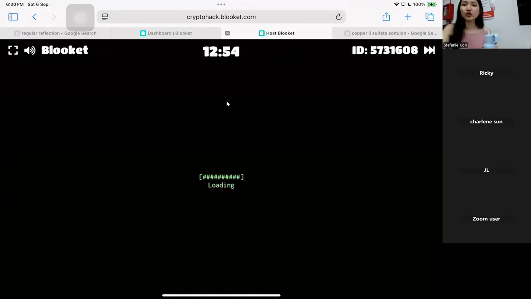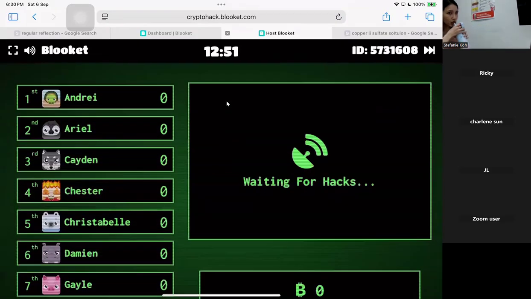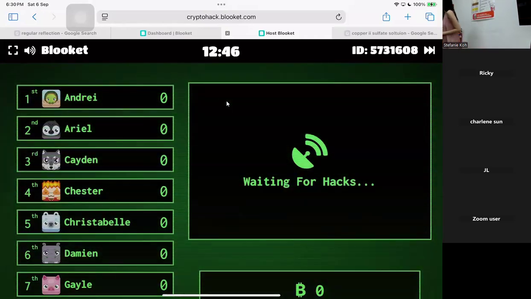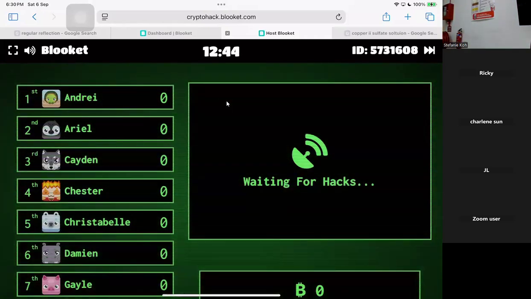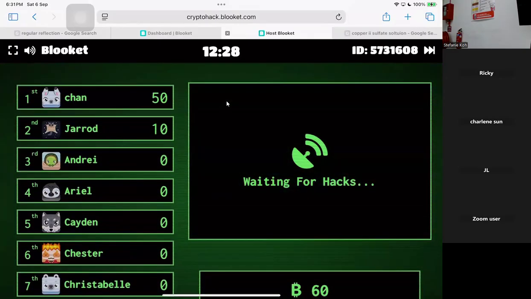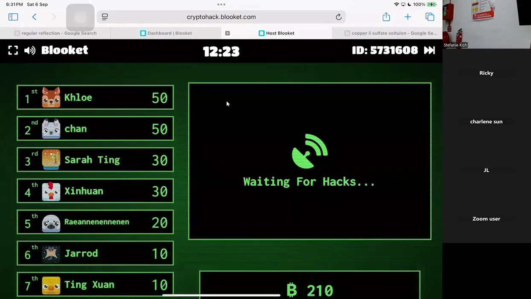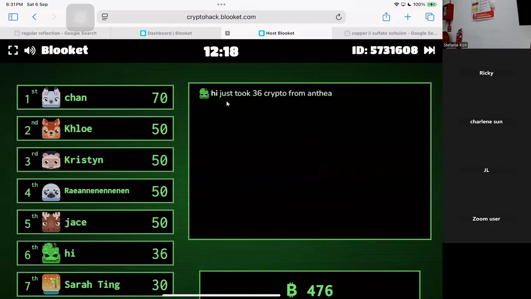So on your screen, you should be able to choose your password later on. Click into the photos if it's too small.